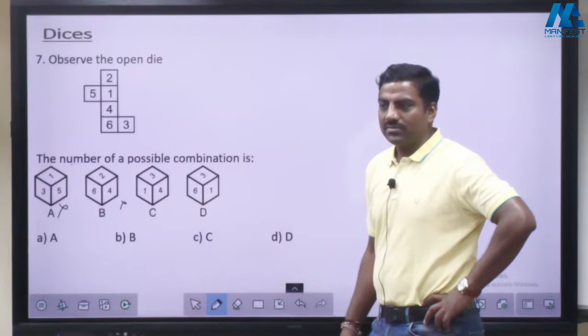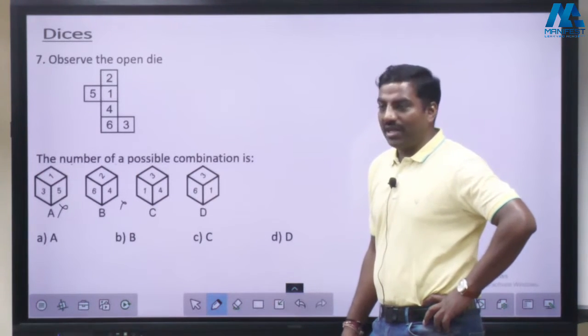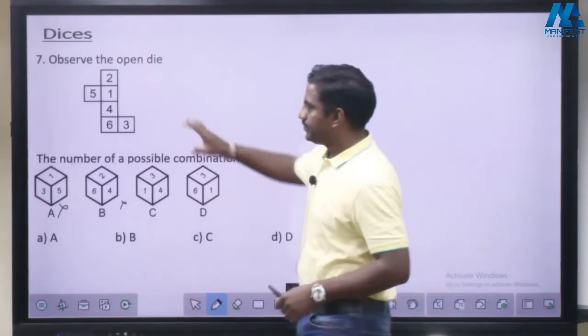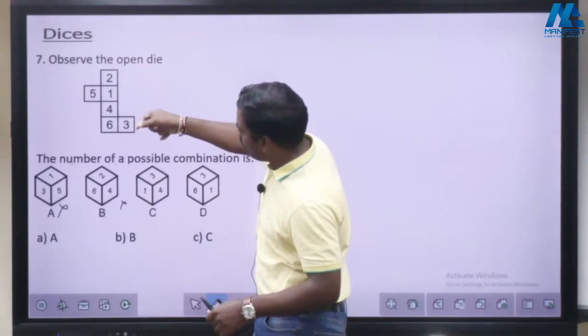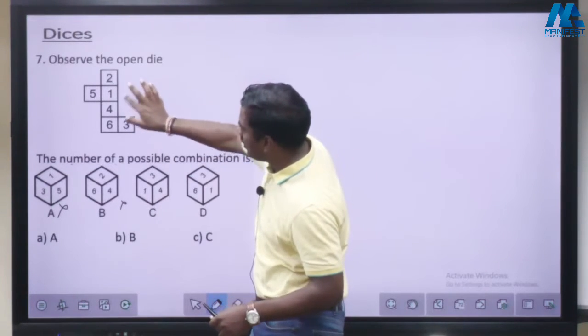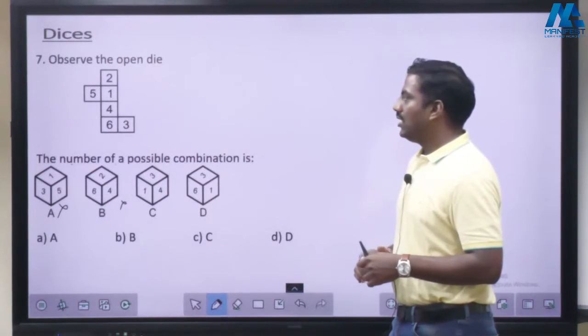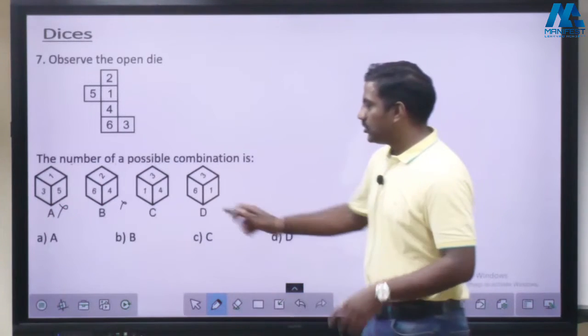That is not seen. 1, 4 and 3 are adjacent to each other. Now think. Fold this one. 1, 4. And when you fold this, 6, 1, 4, 3 will make a corner. Is it possible or not?